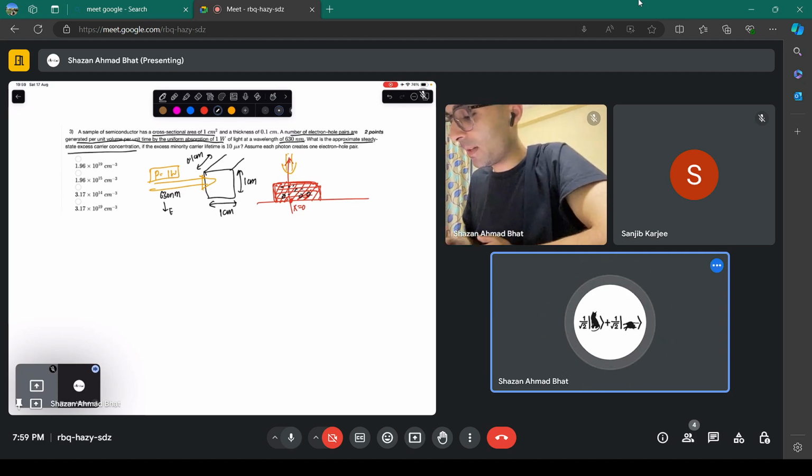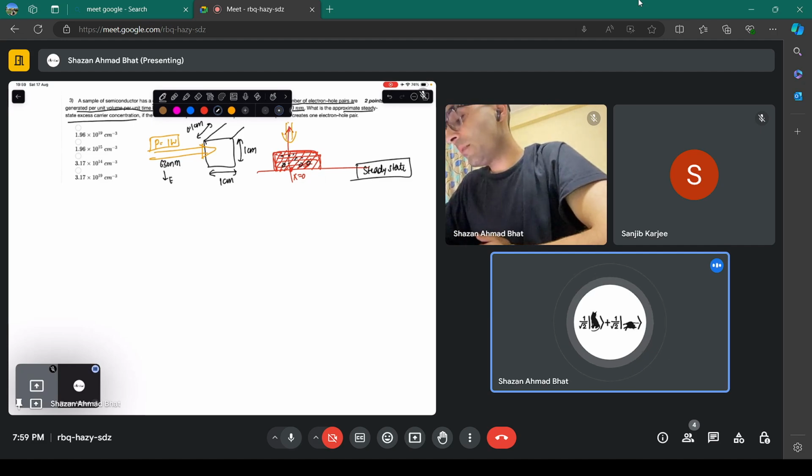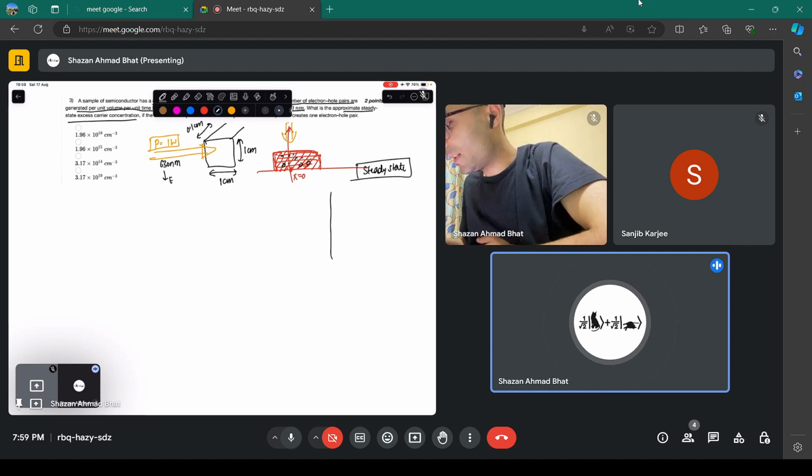First of all, what is steady state? Steady state is if you disturb the system and then wait for the system to settle, and then study the system. Just like if you disturb the system, it reaches some level and then starts to settle at this level.